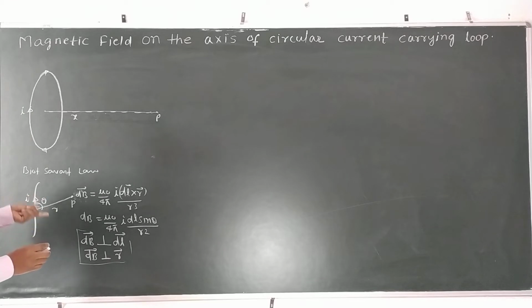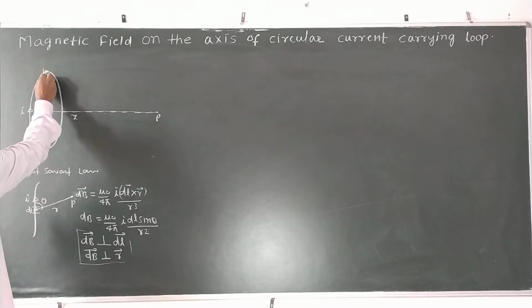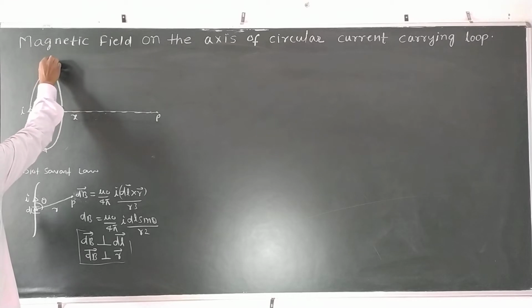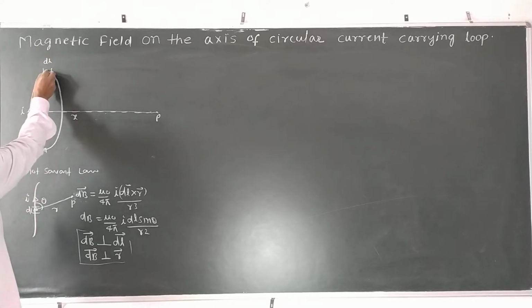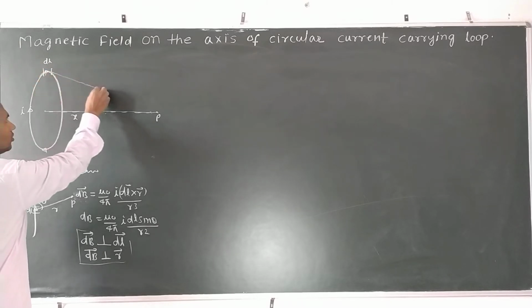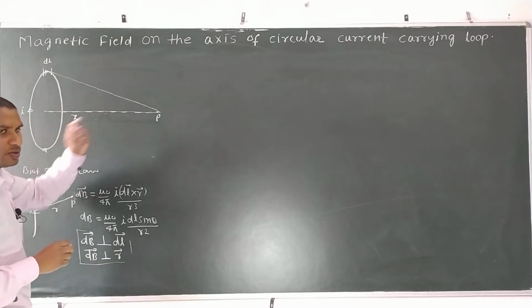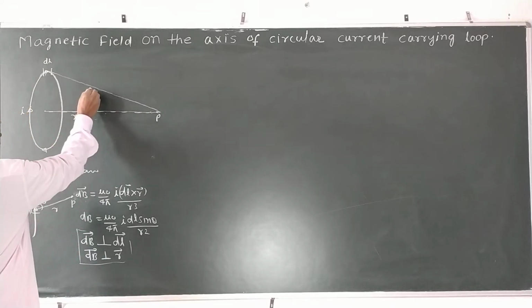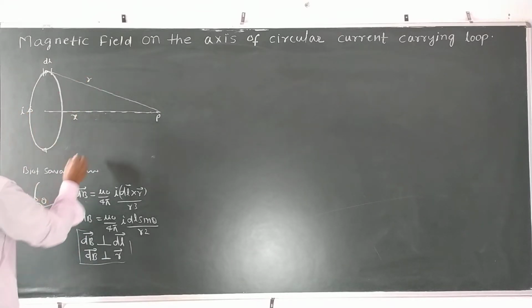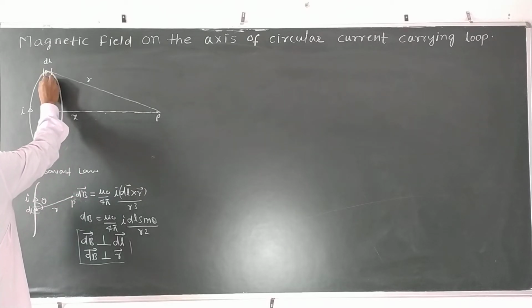Suppose we use the Biot-Savart law and cut an element having a length dl, and due to this elemental current we find the magnitude of the magnetic field at a point P at a distance r.